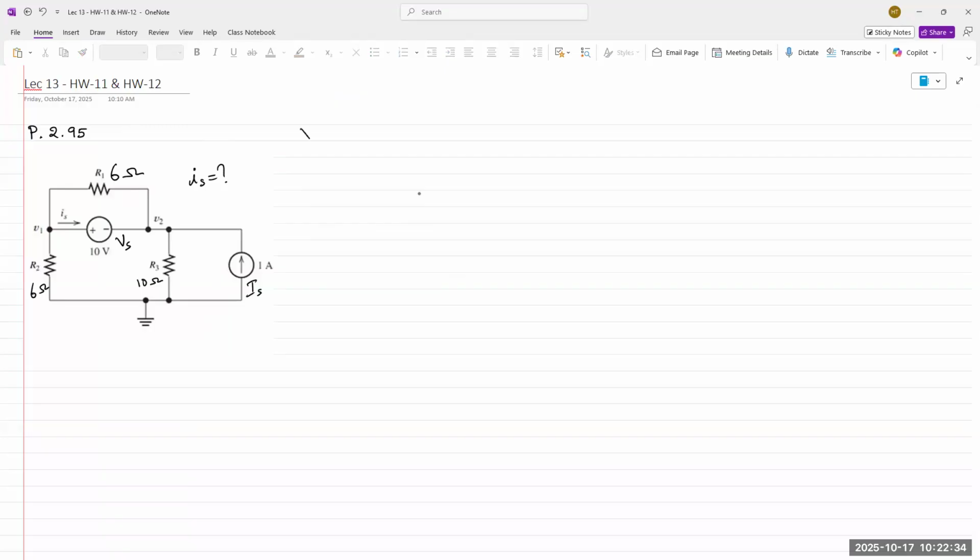And let's draw the circuit for Vs active. If Vs is active, what happens to the current source? The current source is deactivated and we remove it from the circuit.